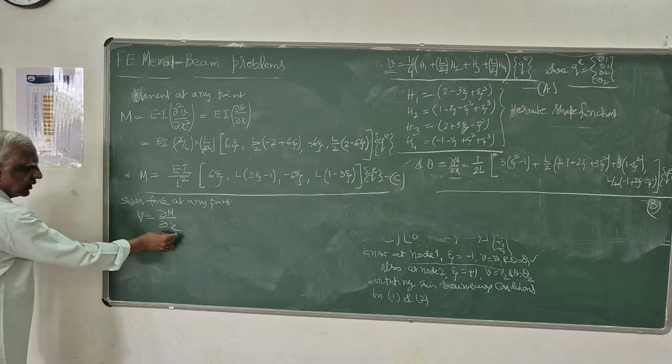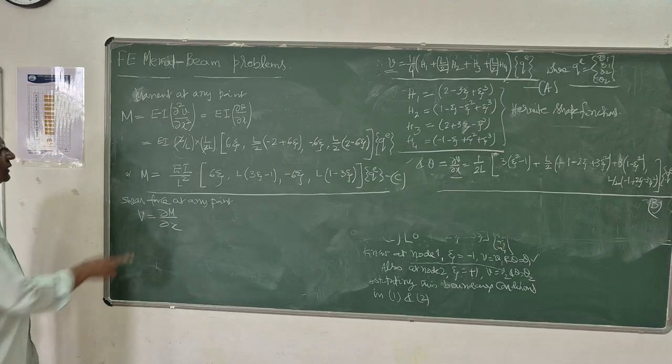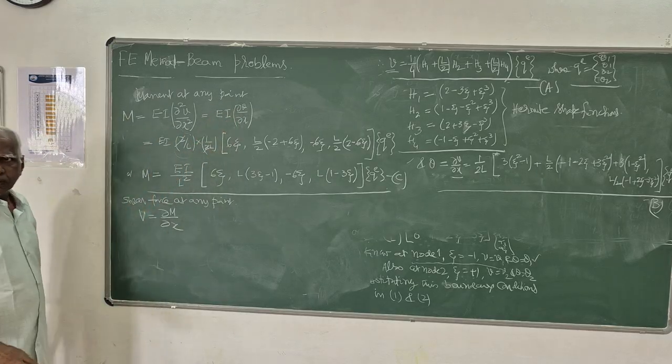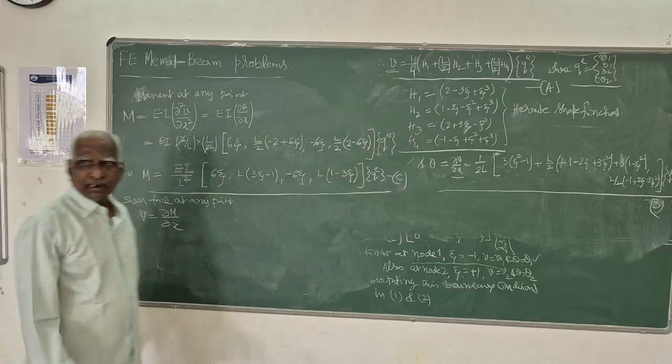This is actually the definition: V equals rate of change of moment, moment is rate of change of slope, and slope is rate of change of displacement.